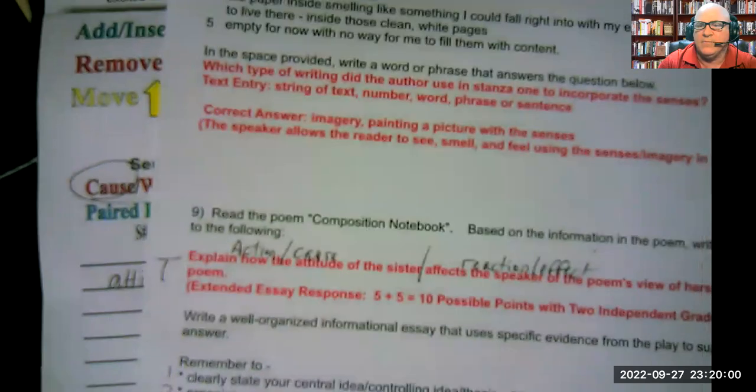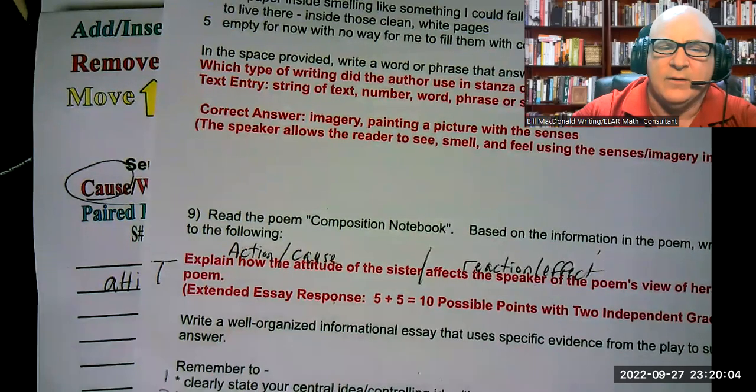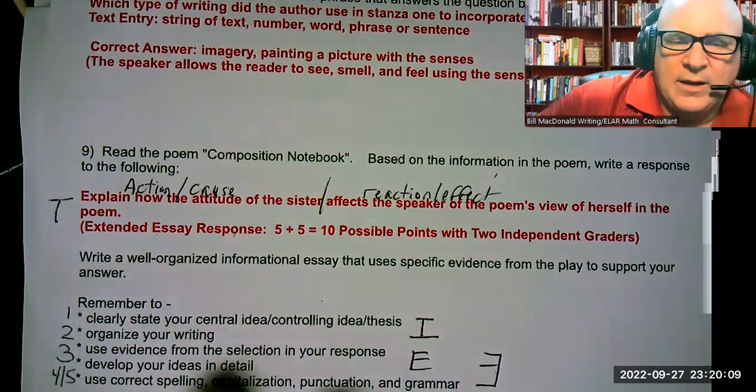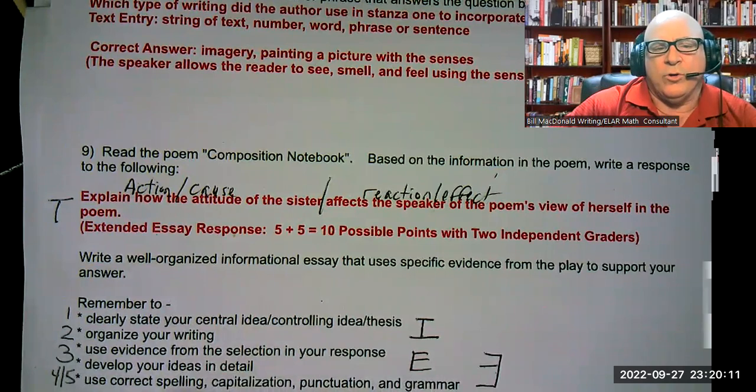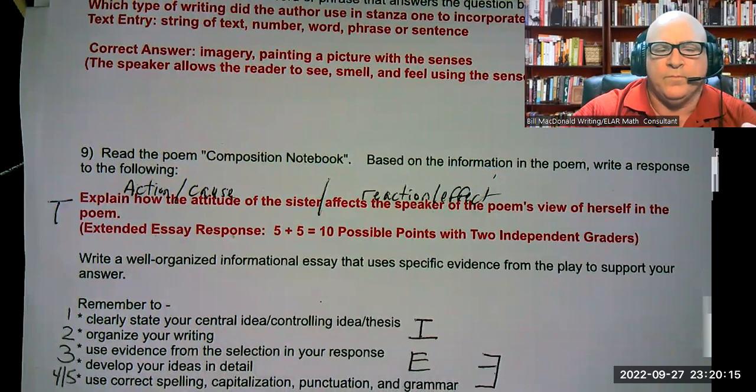So let's take a look, and you'll see in your attached PDF an updated version of the response. I looked at my response, and I reworded some of the things so that it would be helpful to you.